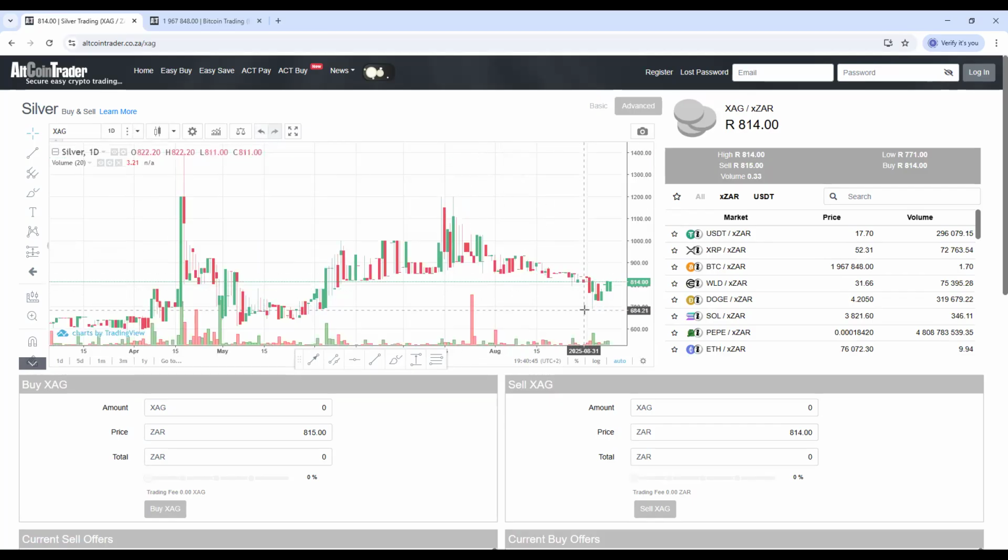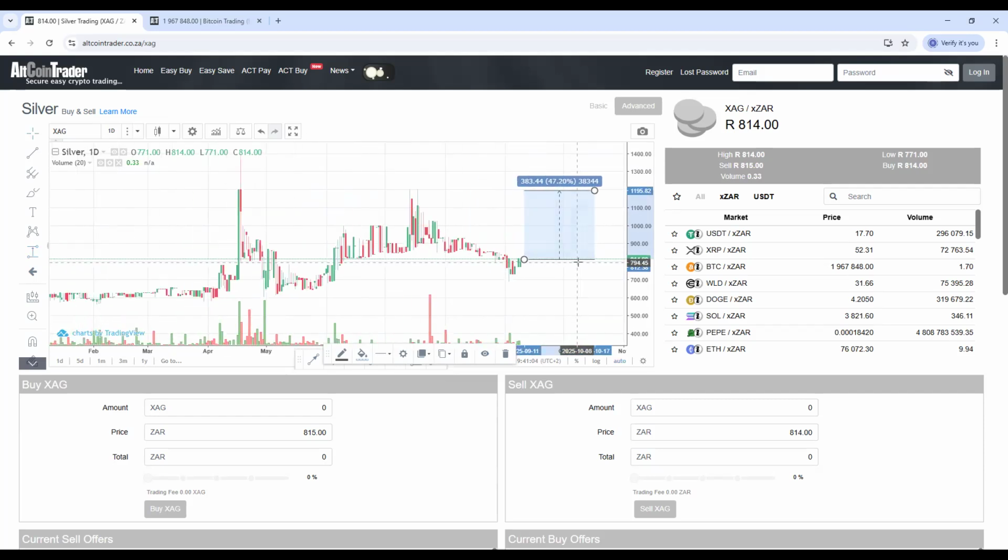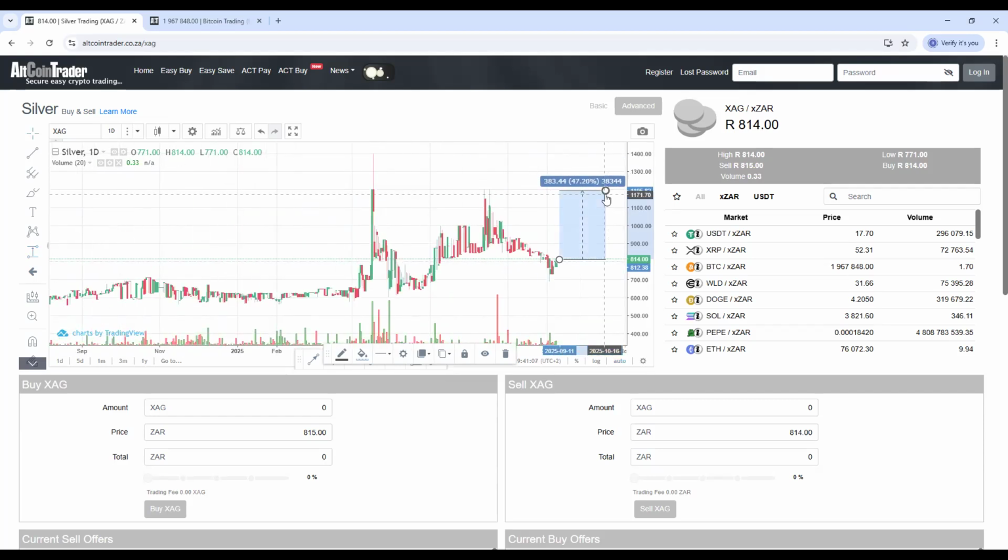It's run right down to 684 Rand. So everybody that's buying silver now is going to make money, because the price of silver is going to go sky high. That's a given. Silver goes in the opposite direction of the stock market. As the stock market crashes, we're going to see a minimum 50% increase in silver price and higher.